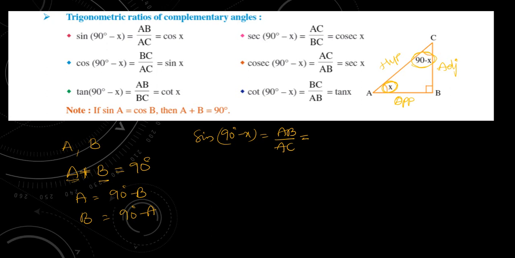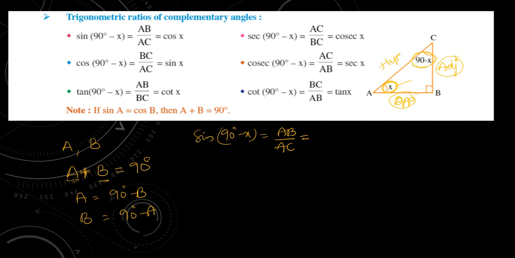The same way, for this 90 minus X, this is the opposite side, this is the adjacent side and this is the hypotenuse. The hypotenuse won't change in a right angle triangle, only the places of the opposite and adjacent sides change.